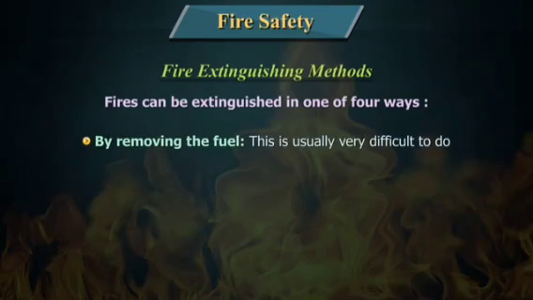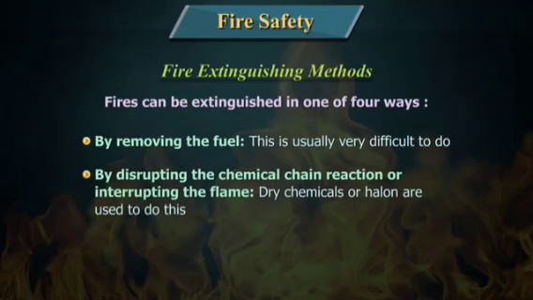By removing the fuel, this is usually very difficult to do. An example is turning off a fuel line. By disrupting the chemical chain reaction or interrupting the flame. Dry chemicals or halon are used to do this.